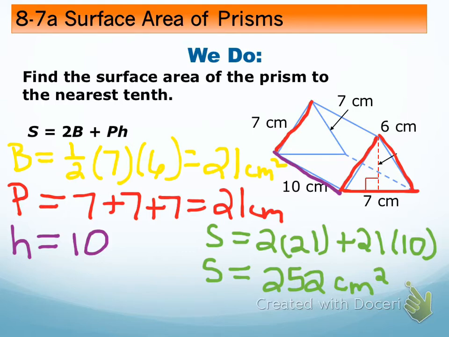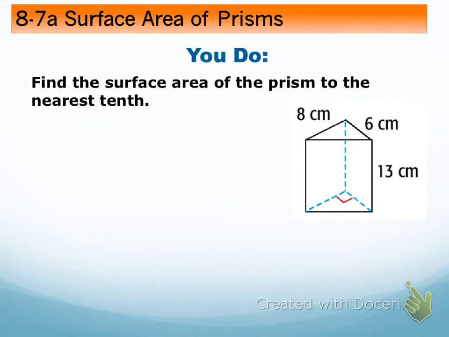So let's look at this next one. This is one that you're going to do on your own, but I'm just going to help you out here. To find this third side, because we don't know the length of this side right here, but we do know that this is a right triangle.